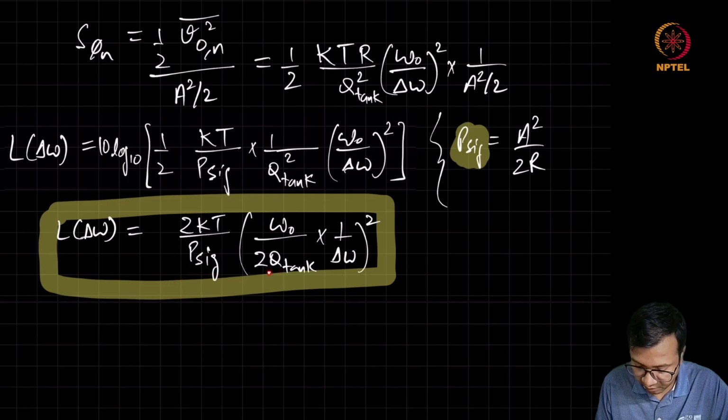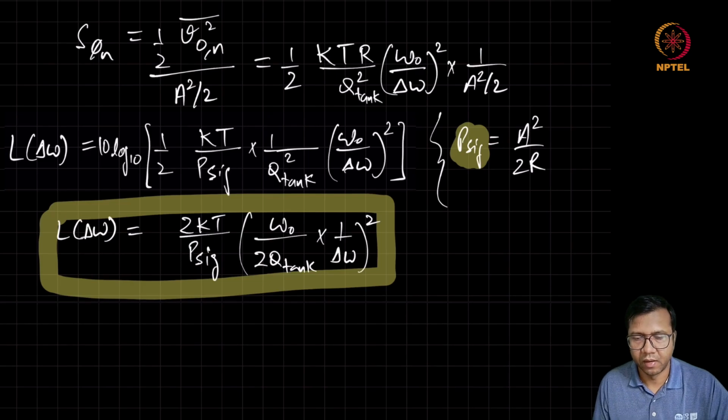At the same time, we can see that the Q tank also plays an important role in deciding the oscillator phase noise. So if we start with a tank which already has a very high Q, its phase noise is going to be lower. Also, as the frequency offset increases, the phase noise is going to reduce as per this relationship.